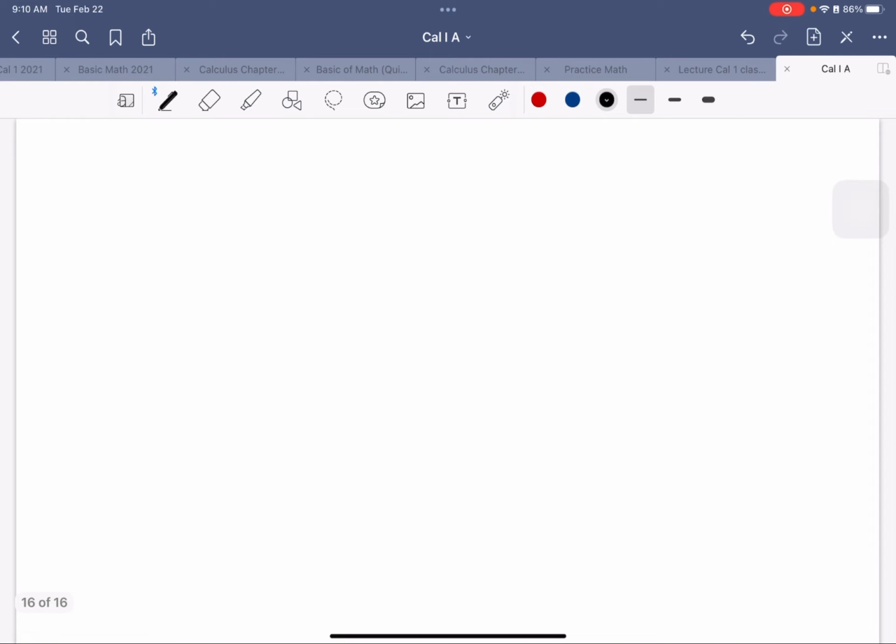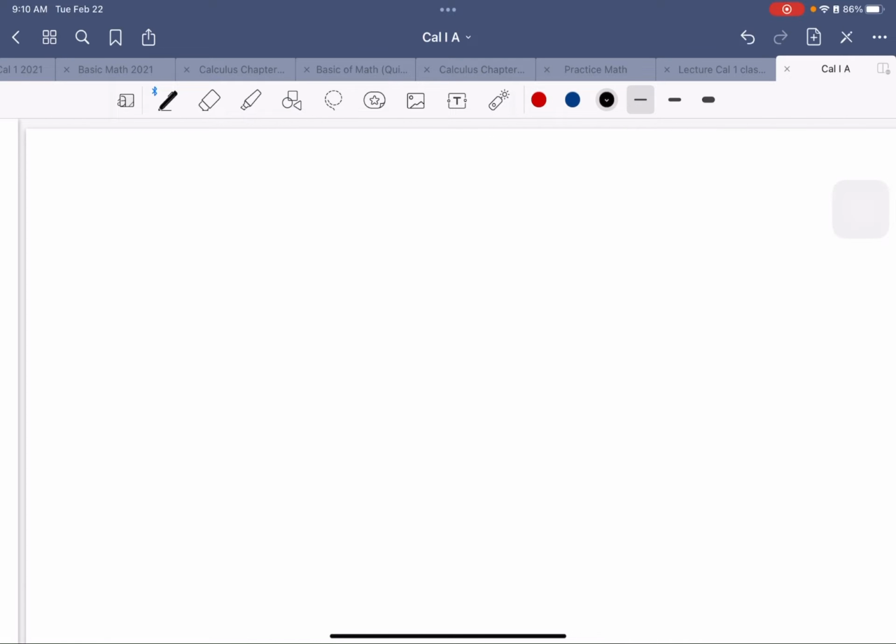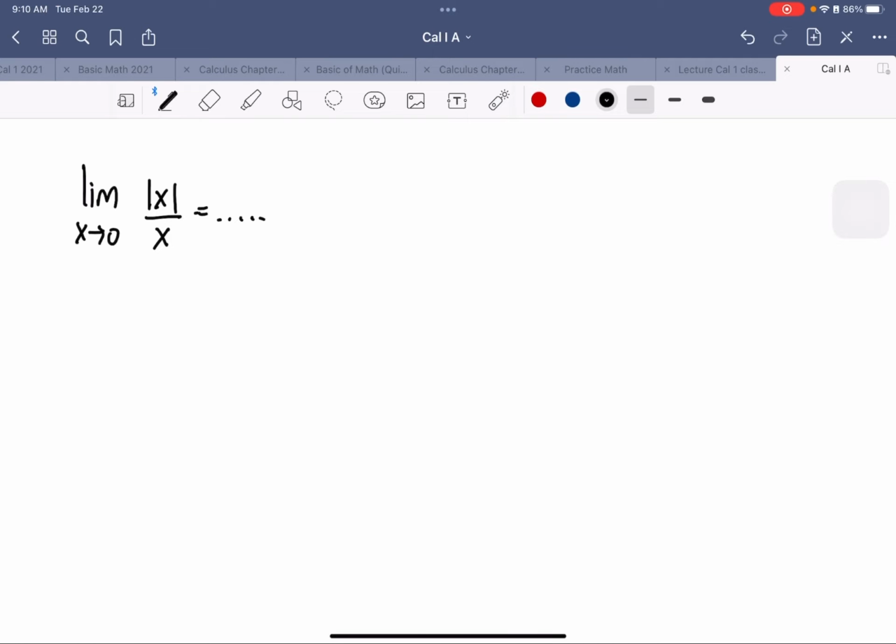Okay, let's try another function. Let's say I have the limit as x approaching 0 of the absolute value of x divided by x. Now we have the absolute value of x, which we already defined in the previous slide, but we have another denominator, x.